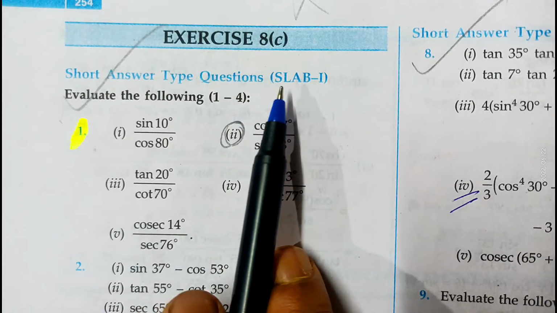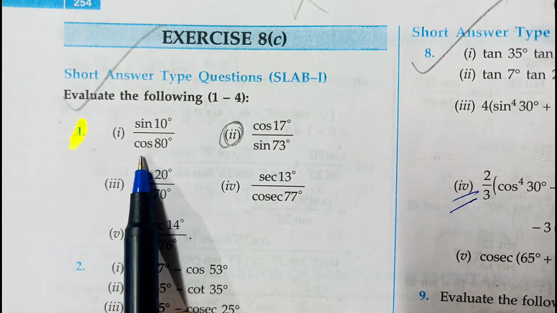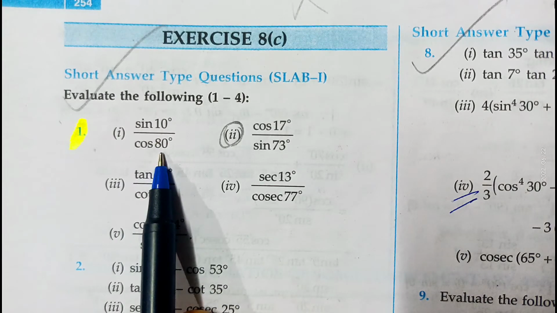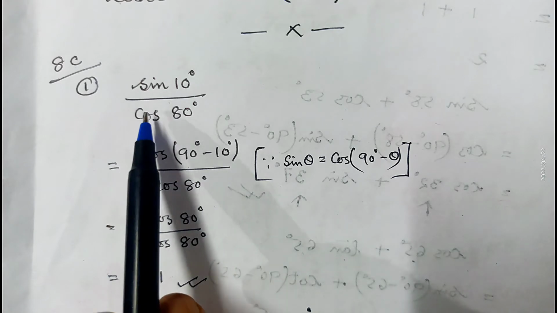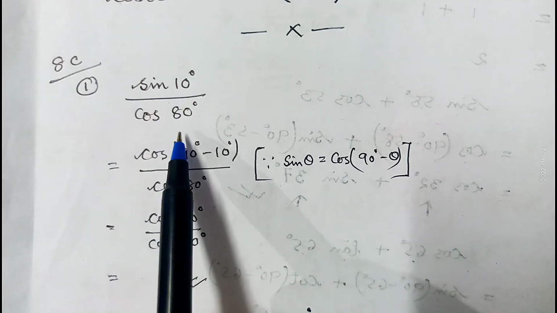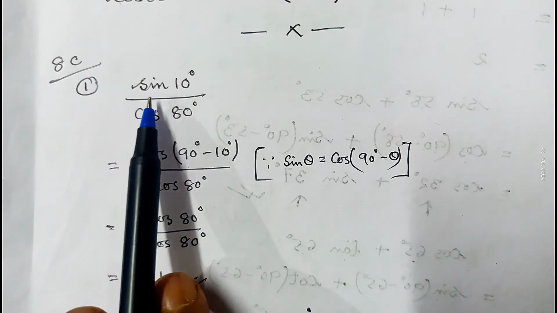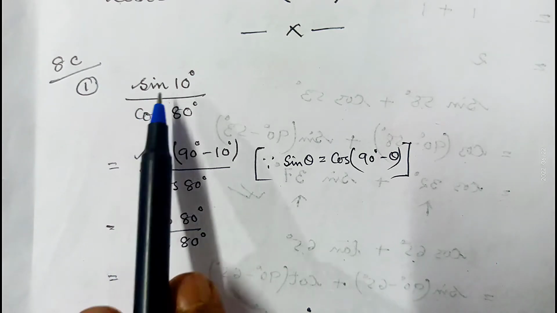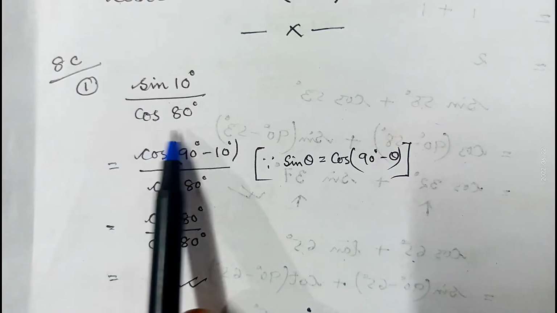In exercise 8C, the first question is to evaluate sine of 10 degrees divided by cos of 80 degrees, and we have to find its value. Here, out of sine and cos, we have to change any one. We are changing the numerator; the denominator we are not changing.